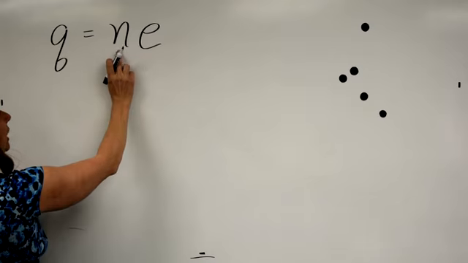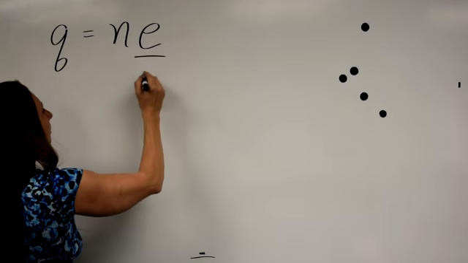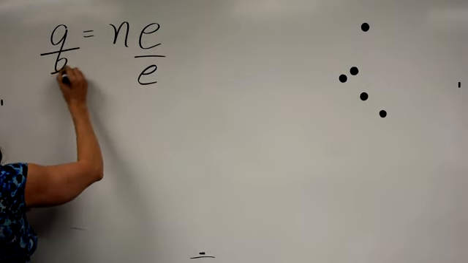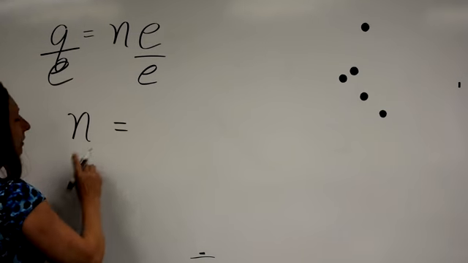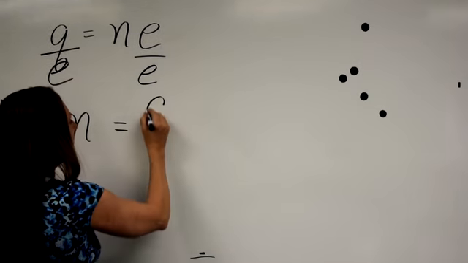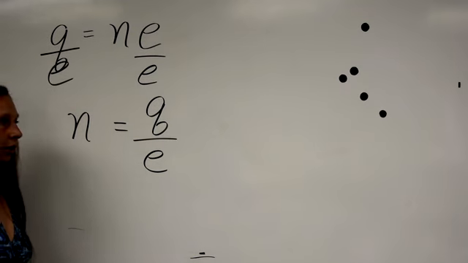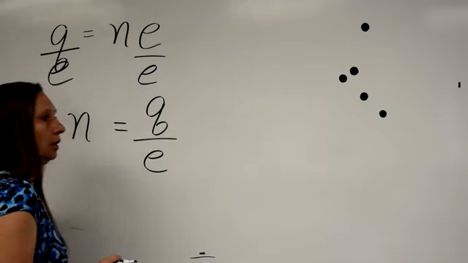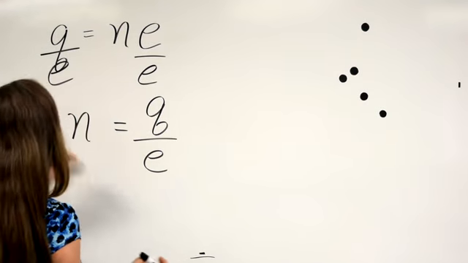We're trying to find how many electrons, n. So I'm going to solve for n by dividing both sides by e. We get that n, the number of electrons, is the total charge divided by the elementary charge in our weird little universe, where the charge on an electron is negative 3.